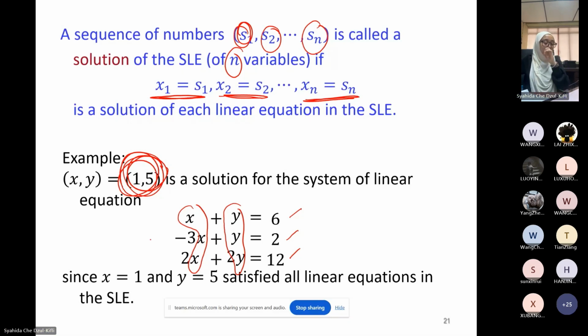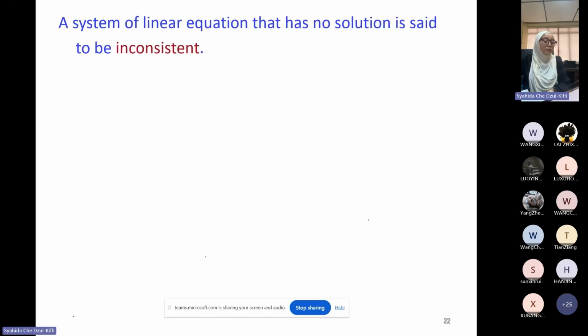Later on, we are going to see that there is a system of linear equations that has no solution at all. We call it an inconsistent system of linear equations.